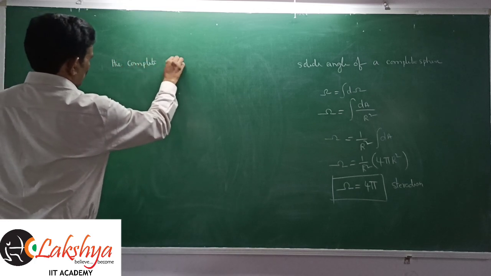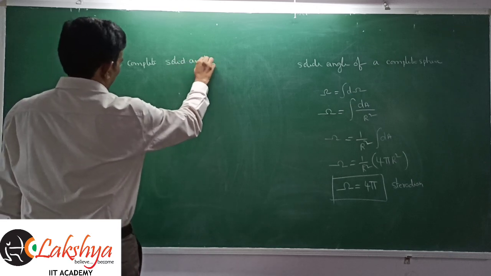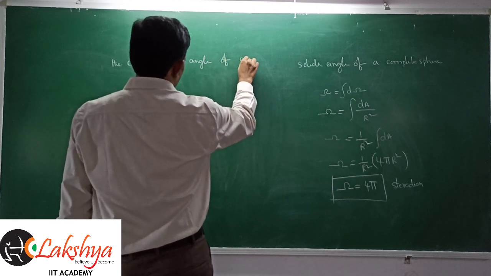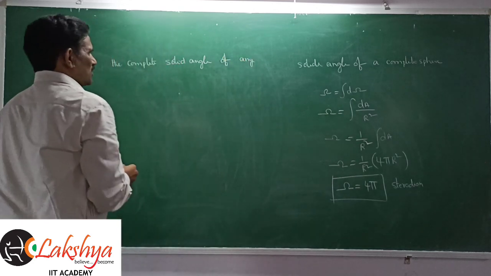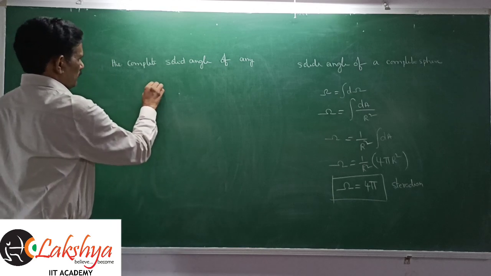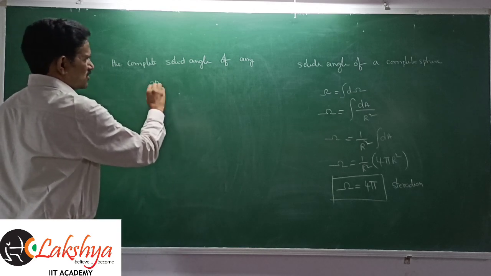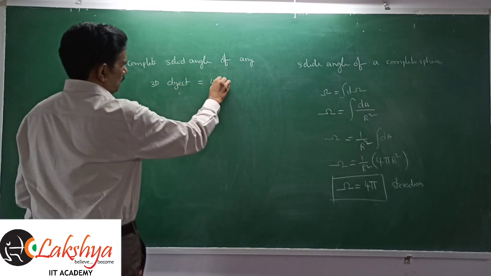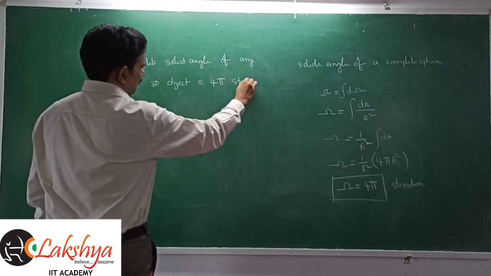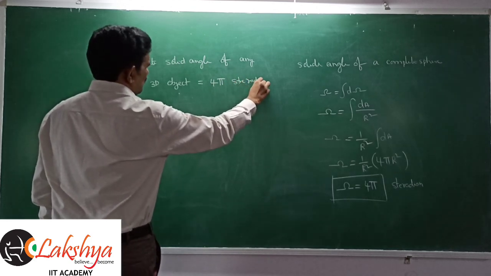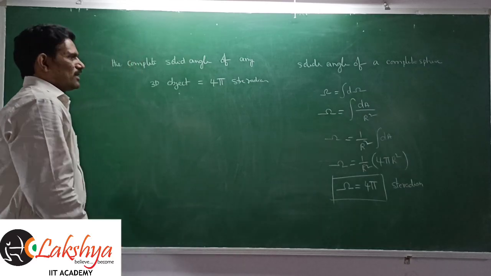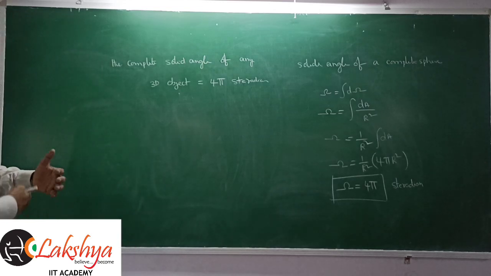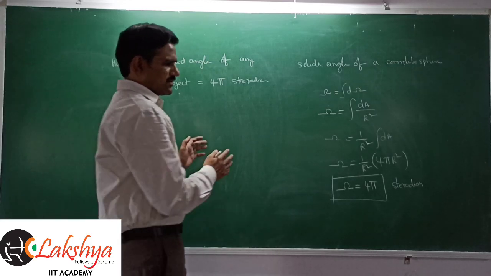The complete solid angle of any three-dimensional closed object, the unit is steradian, we can write as 4 pi steradian.